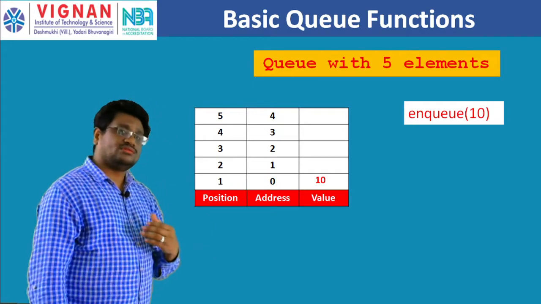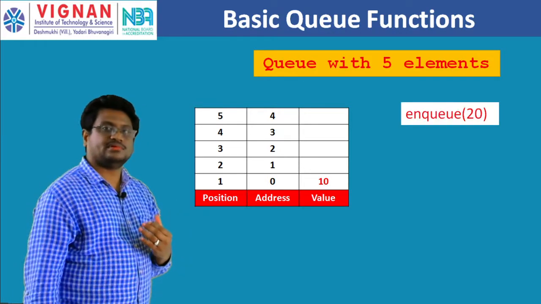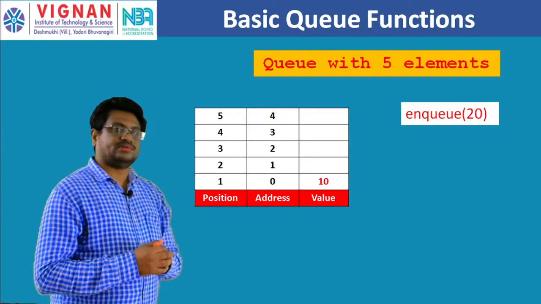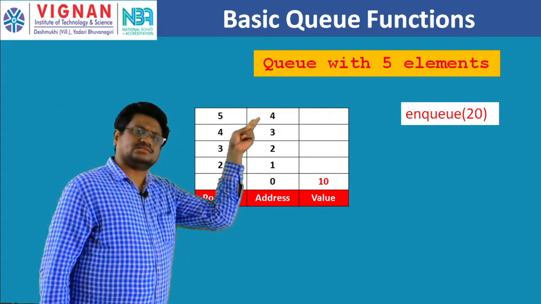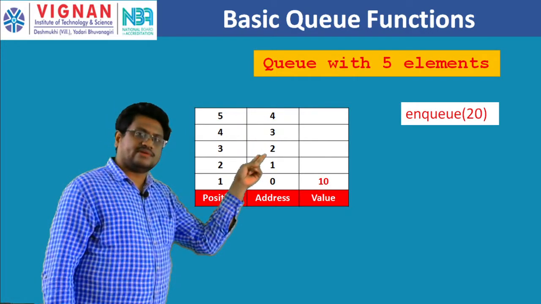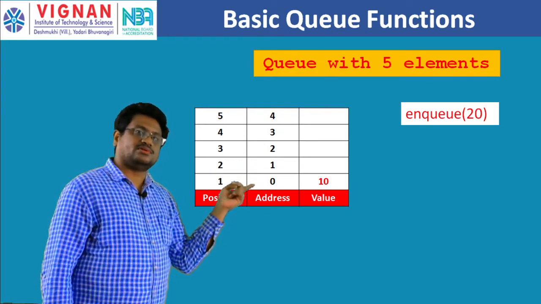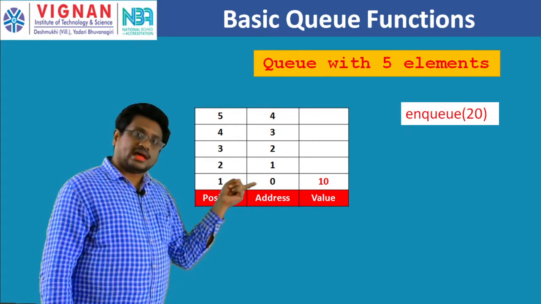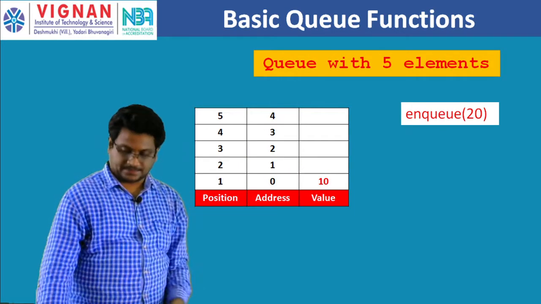If I want to store another element, what will happen? Now I want to insert 20. Again the same process. First it starts from 4. Is 4 available? Yes. Next 3. Is 3 available? Yes. Is 2 available? Yes. Is 1 available? Yes. Is 0 available? No. Now I will increment to here and I will insert here.